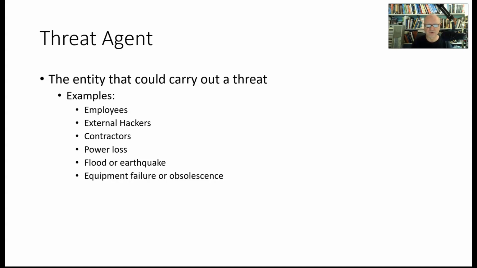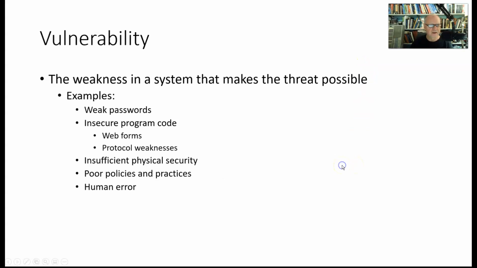Contractors is something we have to take into account. And then we have some external things such as power losses, floods and earthquakes, equipment failure. Obsolescence is a big one. A lot of storage media that we used to use, it's hard to find the equipment anymore to read that storage media. So obsolescence actually becomes something of real concern in the field of cybersecurity.